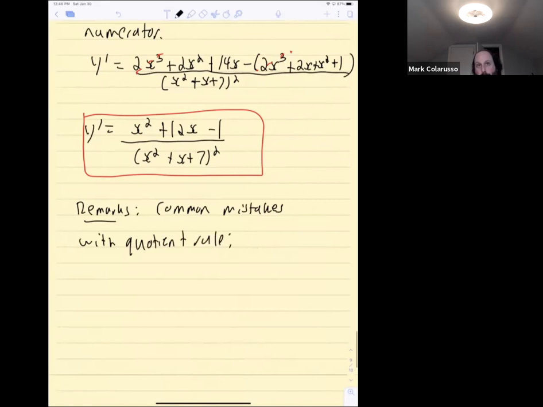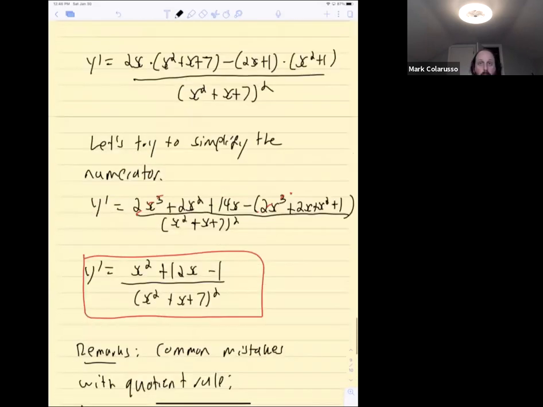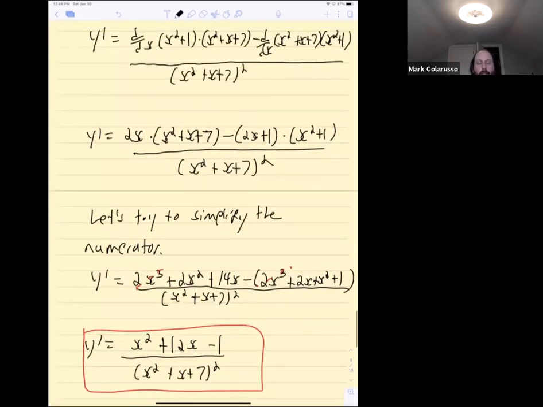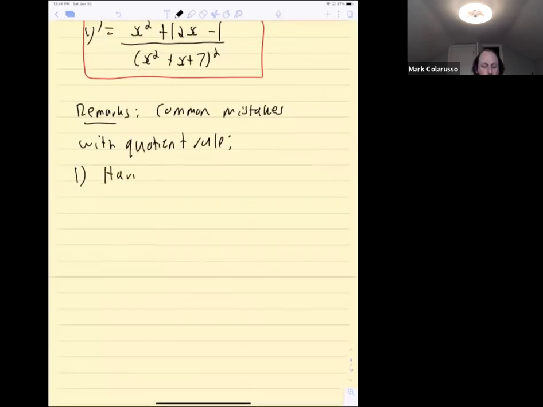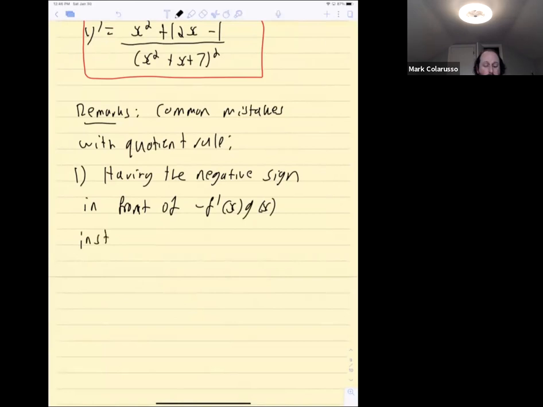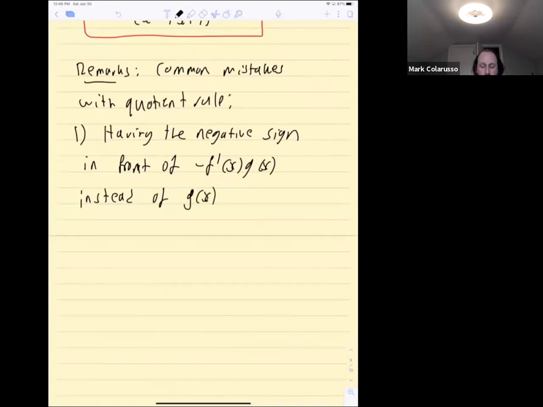And so the first one is kind of the one I was talking about. Having the negative sign with the wrong term in the numerator, in front of minus f prime x g x instead of g at x, g prime at x, f at x.